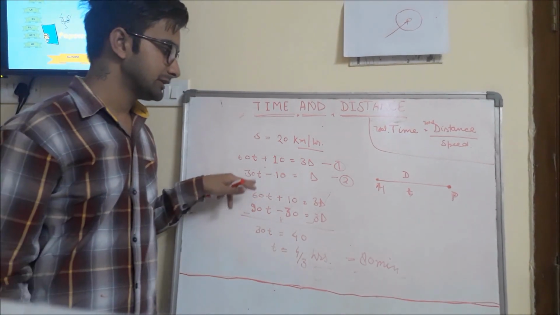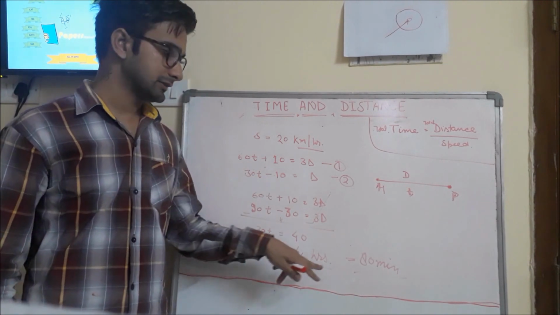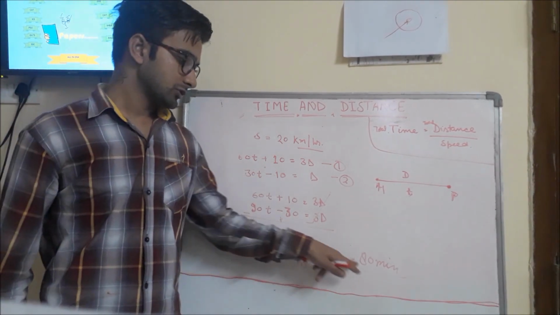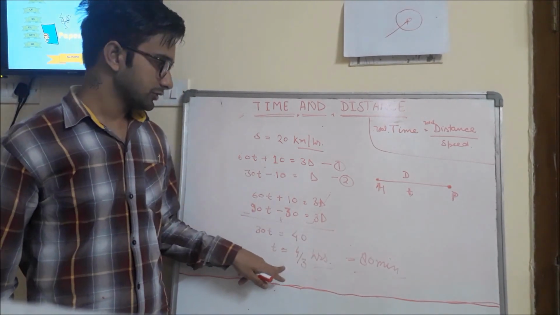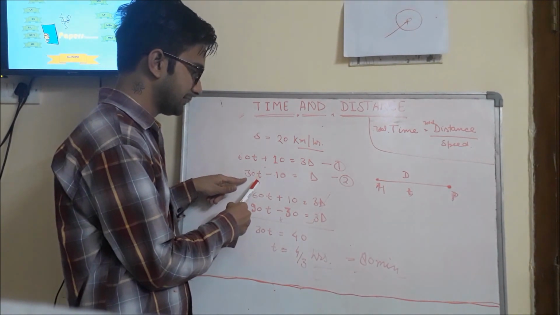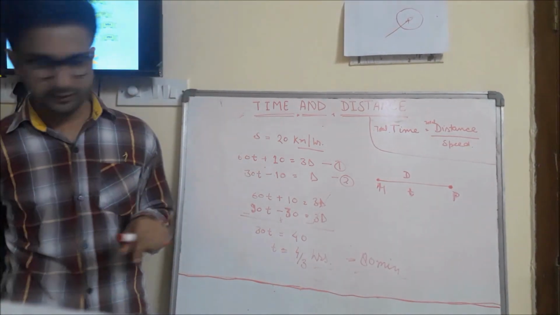If you have time, you can easily solve the equation and get the answer. Even though you are solving the equation, it won't take more time. So if you already got the time and you want to check the distance, you can put the value of time in any of the equations. Like I am putting it in this equation.